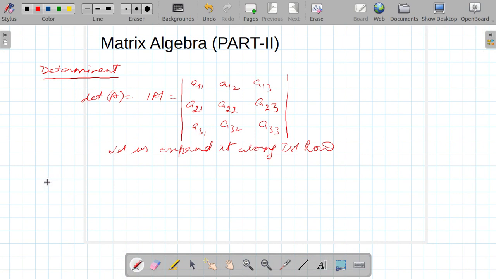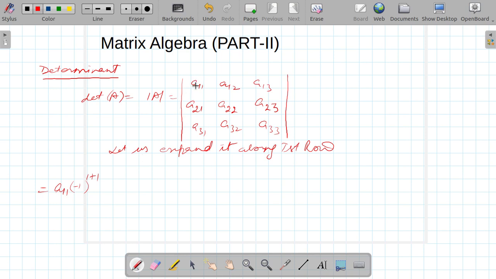that means the determinant will become the first element times minus 1 raised to the power of the sum of these two quantities, so it is 1 plus 1. These are the indicators of the row and the column in which the element is sitting.